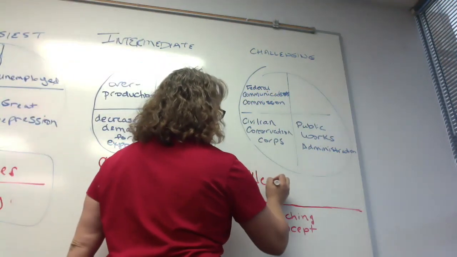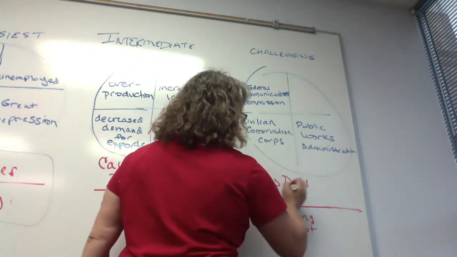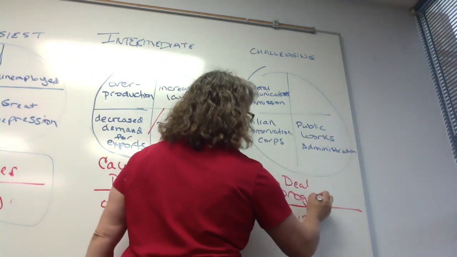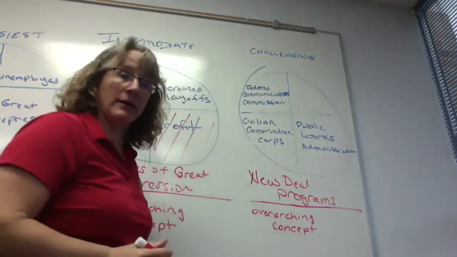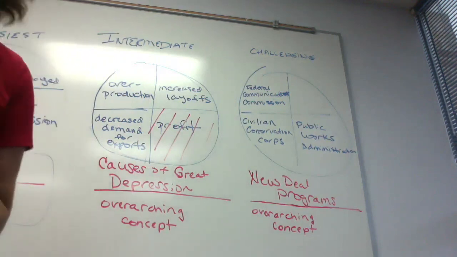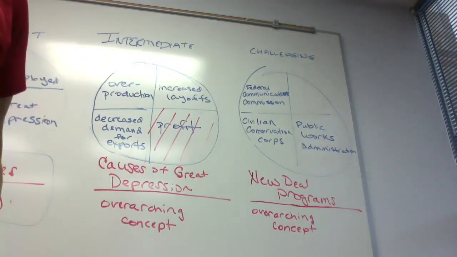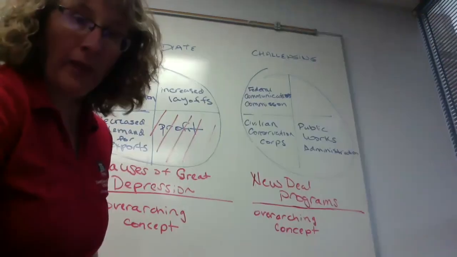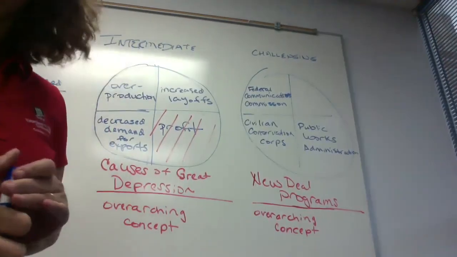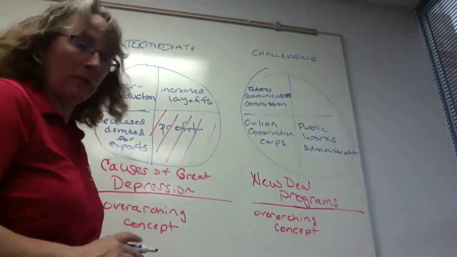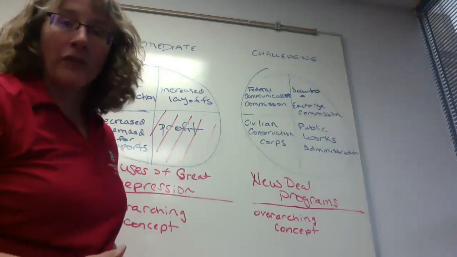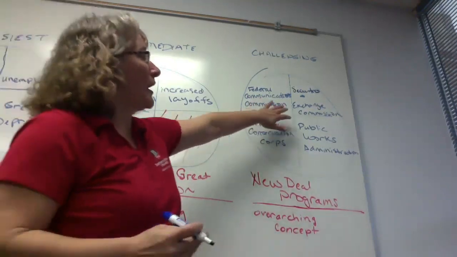And all of these are related because they are part of the New Deal programs put into place by FDR. And there are several that could be put in this place. I am going to add one, the Securities and Exchange Commission.